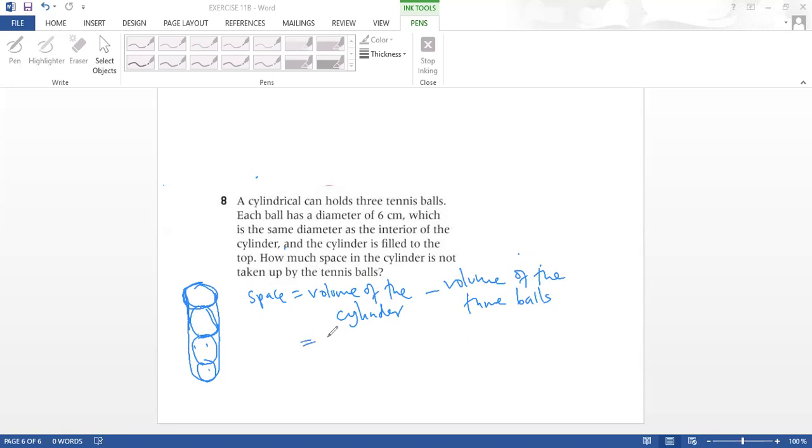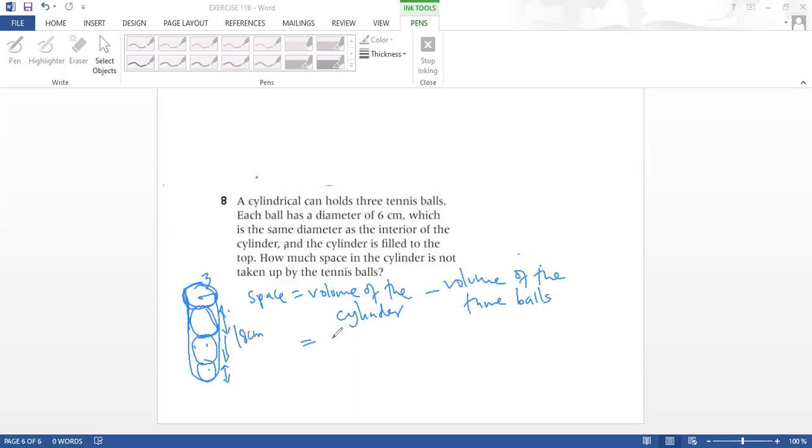So volume of a cylinder is given by pi r squared h. Remember, this diameter is the same for the cylinder, so the radius will be 3. The diameter for each ball here is 6, so we'll have 3 sixes, which makes 18 centimeters as the height.